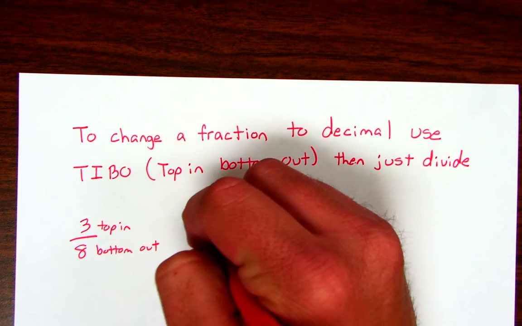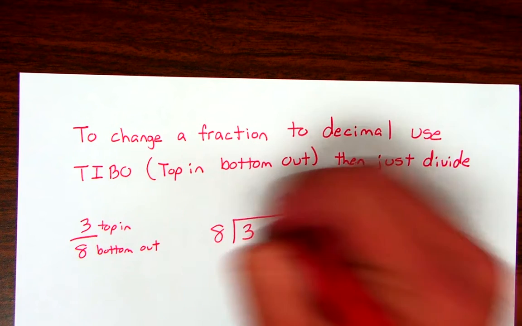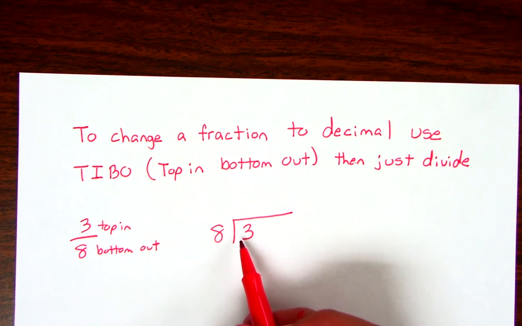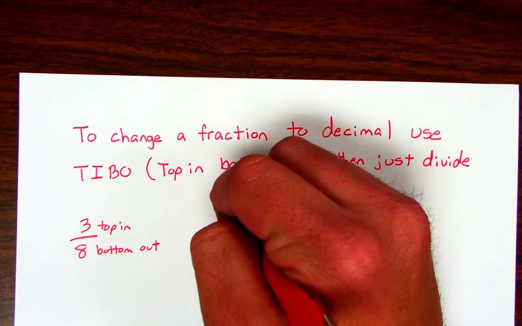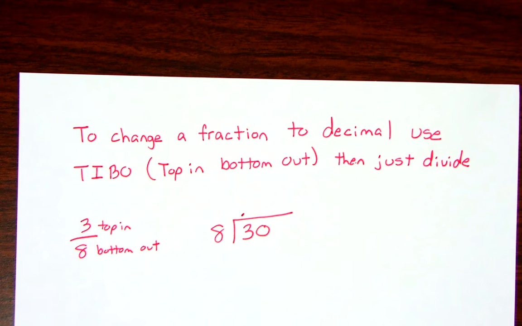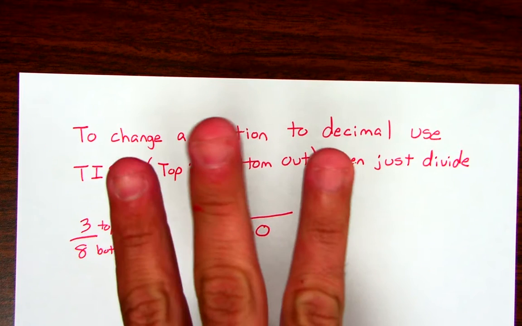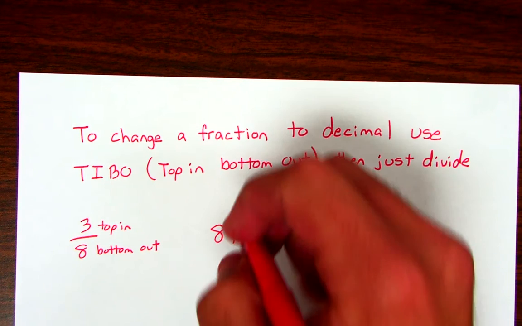So let's see here. Can 8 go into 3? No, it cannot. So we add a decimal up top, add a 0 here. How many times can 8 go into 30? Well, 8, 16, 24. Goes in there 3 times.